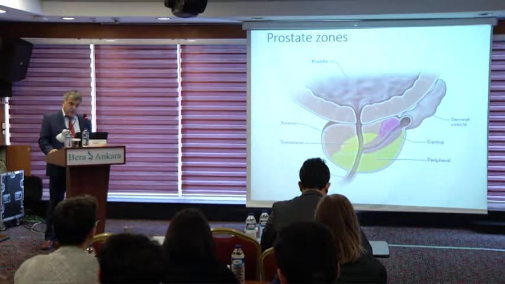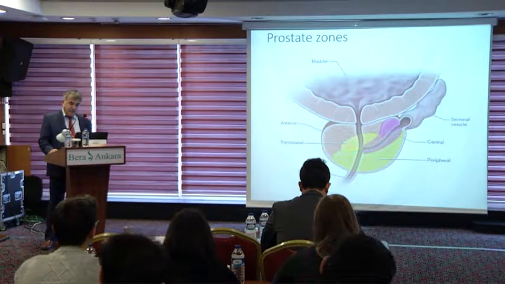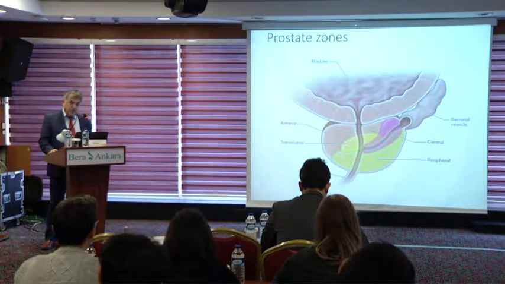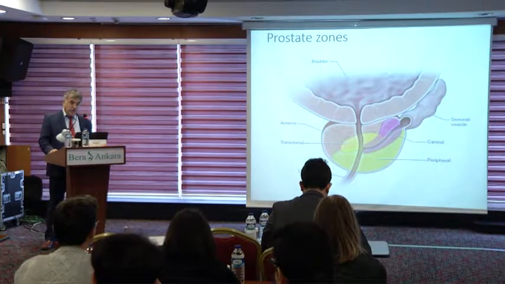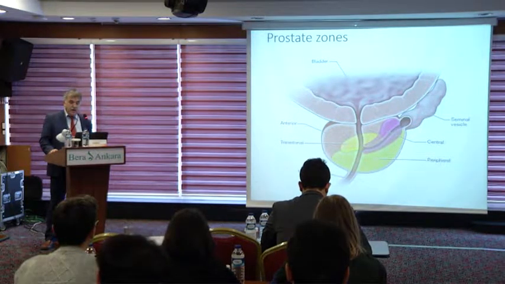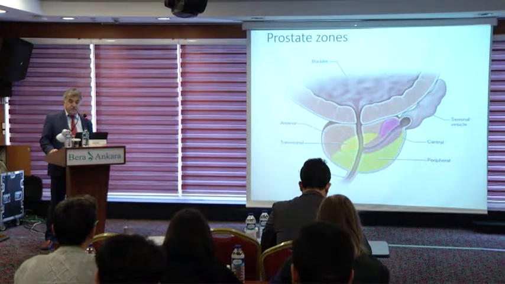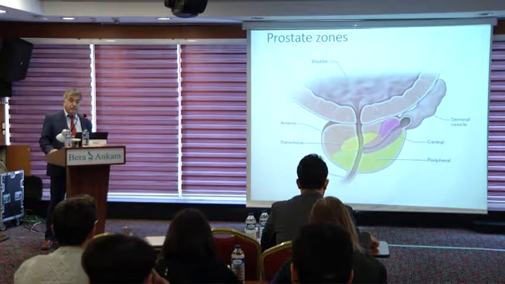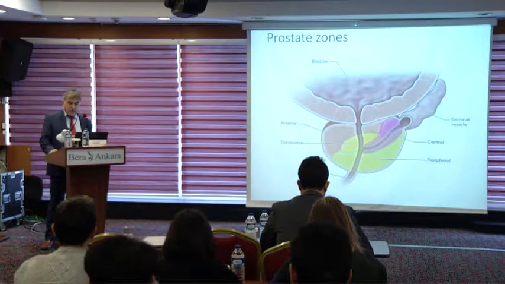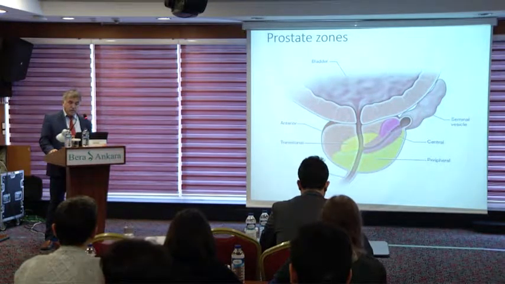The yellow one is the transition zone. BPH arises from here. Even though it is small in a young man, if BPH takes place, sometimes it constitutes 90% of the whole prostate. The pink region is the central zone.